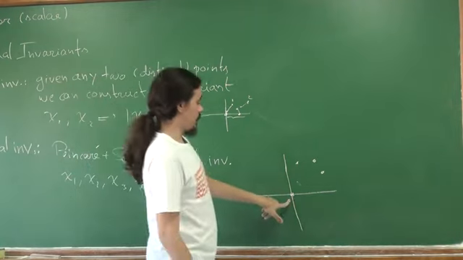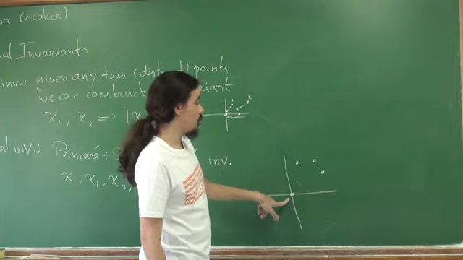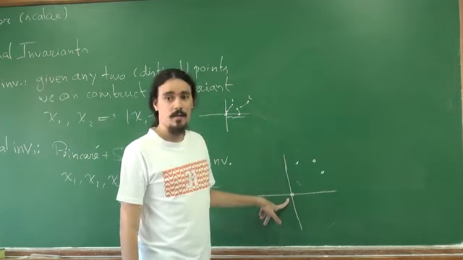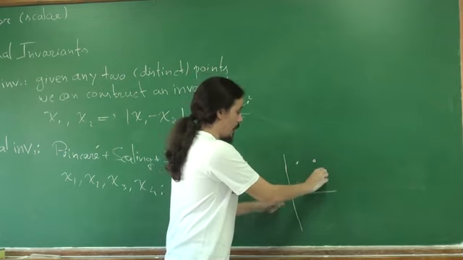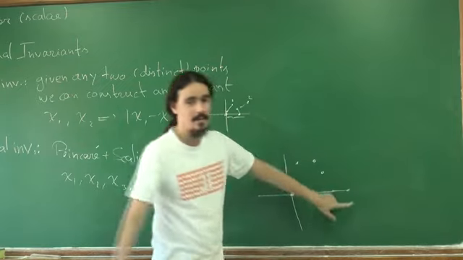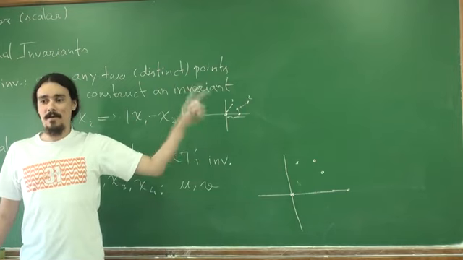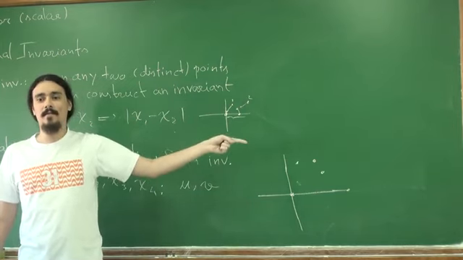Then, given the origin, I can use a special conformal transformation to send one of these points to infinity. This is the hardest part. Everyone remembers that special conformal transformations can send points to infinity.